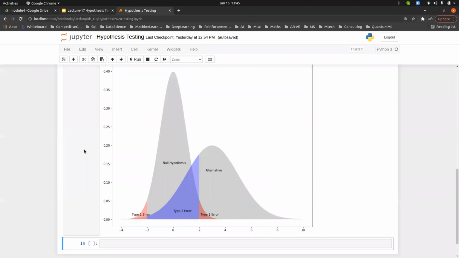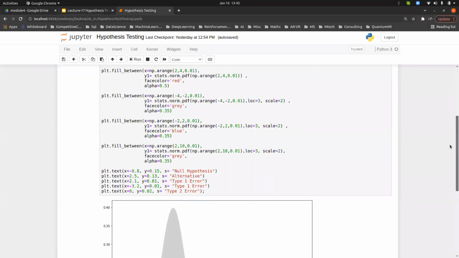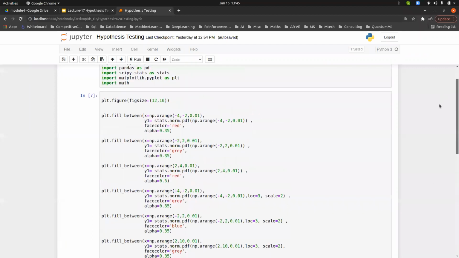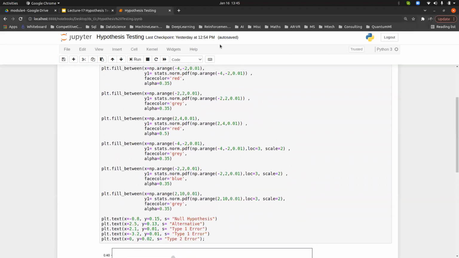Now let's move on to see what hypothesis testing could look like using some Python.